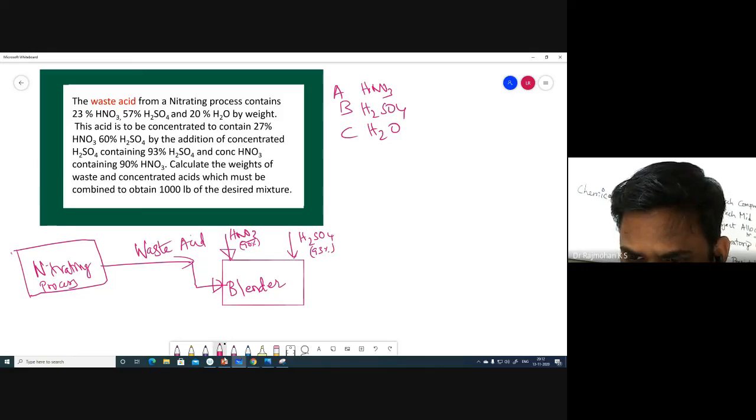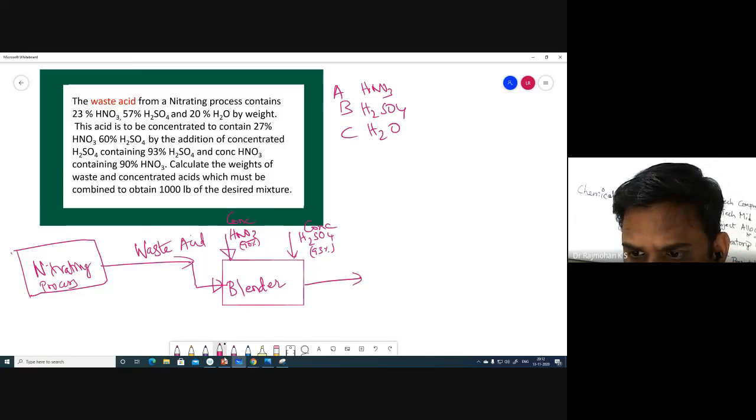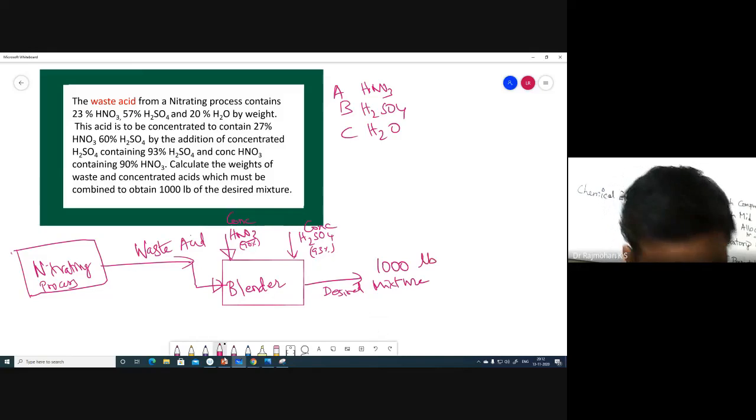So we have three input streams, and there is one output, our desired mixture, and this quantity is given, 1000 pounds.